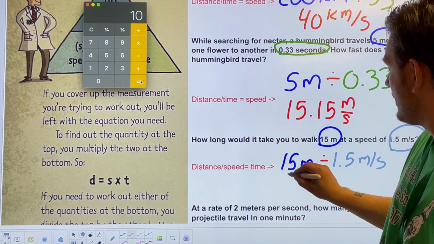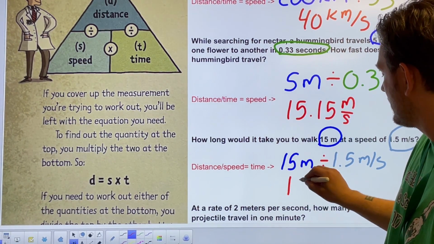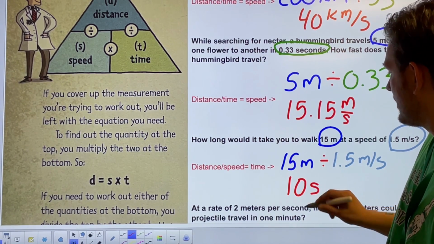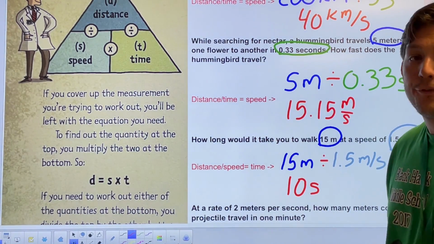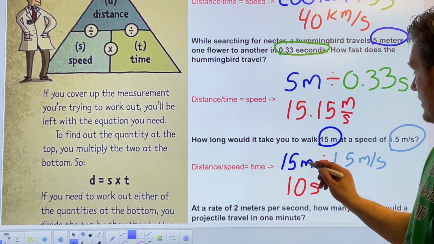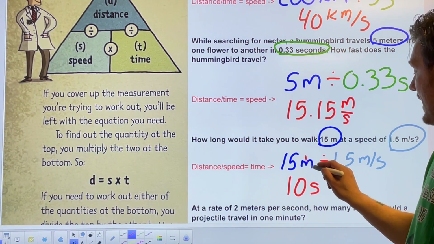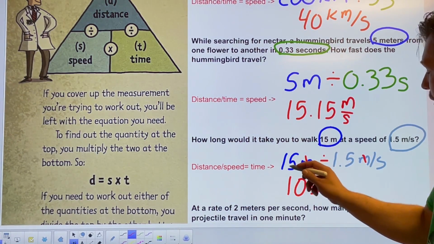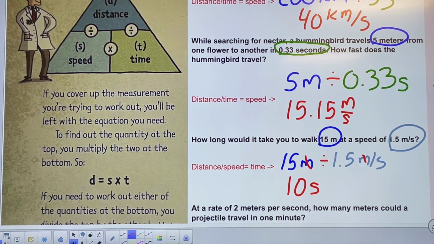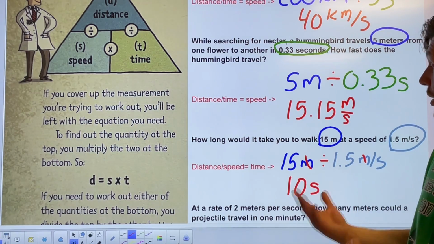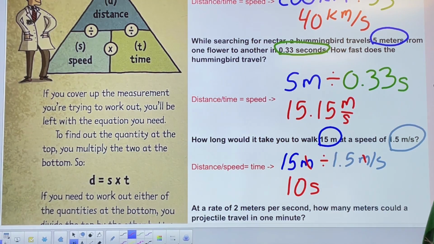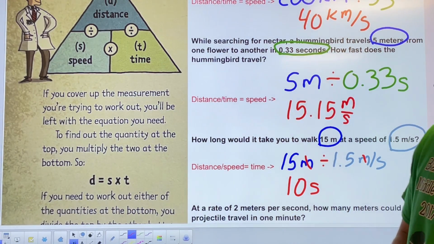So my answer is 10 seconds because it's asking how long it would take. And for advanced knowledge, you see how we have the two m's for meters? If you do a multiplier, then dividing, the m's cancel out. So I go 15 divided by 1.5 seconds. That's how I get 10 seconds. So it would take 10 seconds for you to walk 15 meters at a speed of 1.5 meters per second, okay?